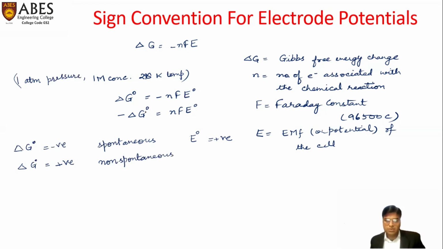If delta G naught is positive, it means the E should be negative. It means when the E naught value is negative, it represents the non-spontaneity of the reaction. And when delta G is equal to 0, it shows the reaction is in equilibrium.